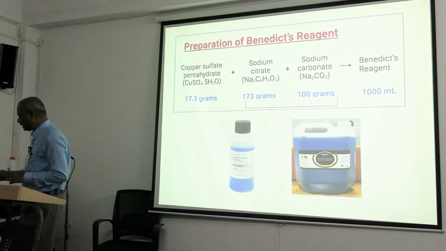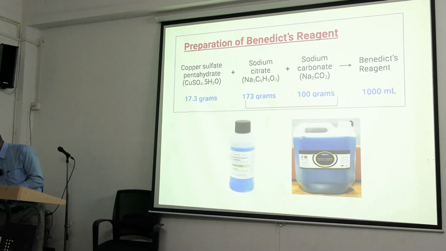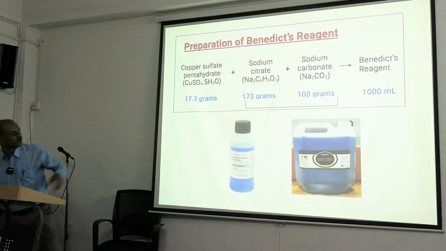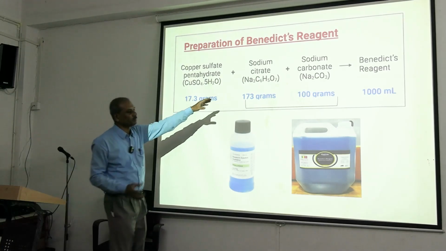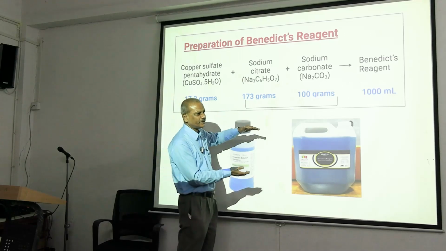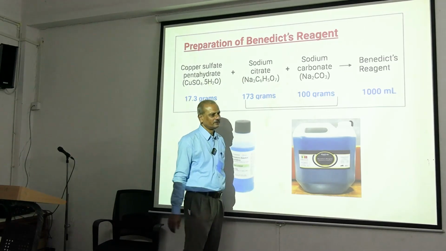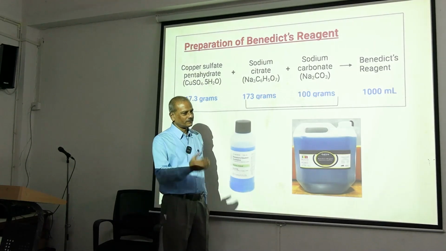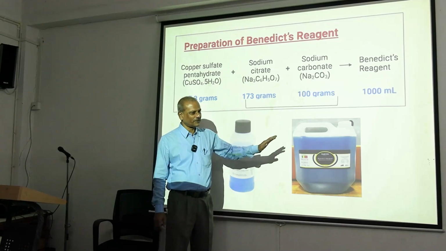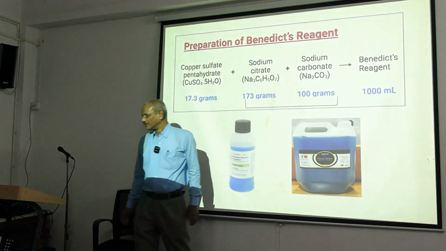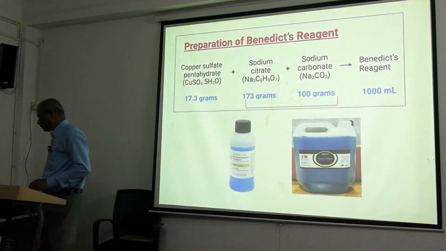The purpose of telling this composition is that in this solution, at least 300 grams of materials are dissolved. So the specific gravity of this solution is very high compared to water, and that is the purpose.